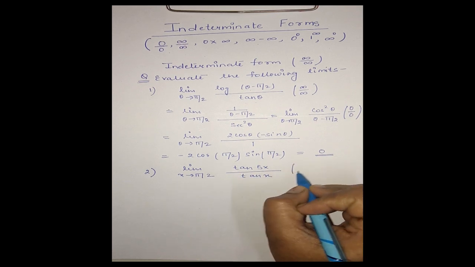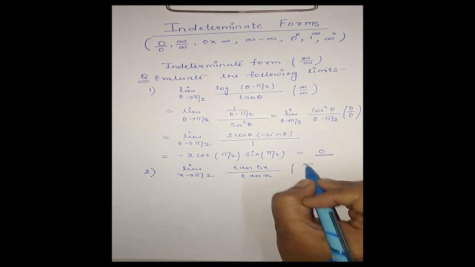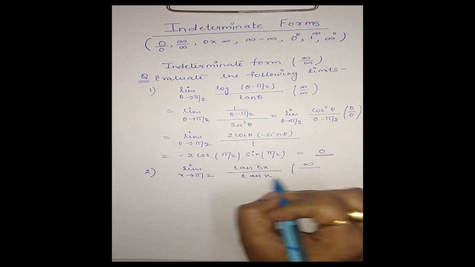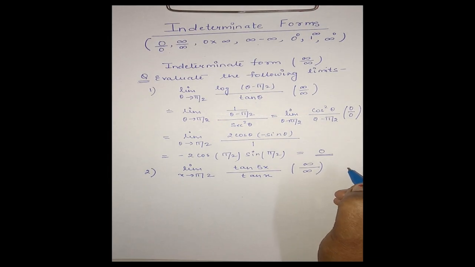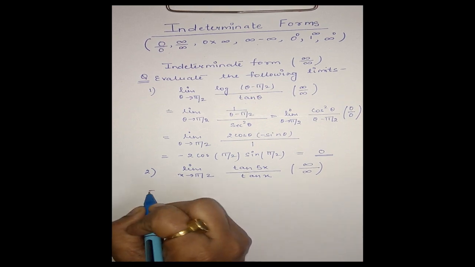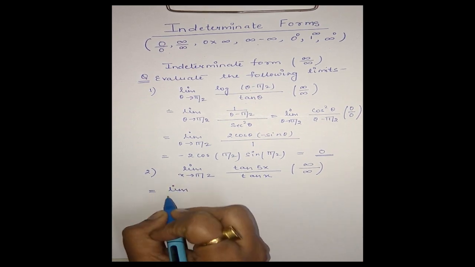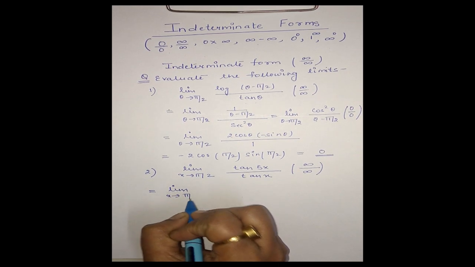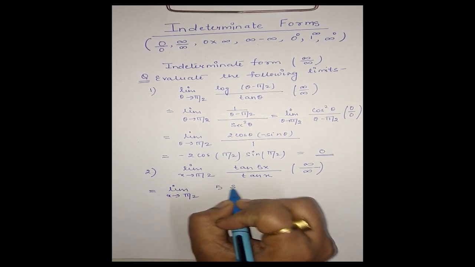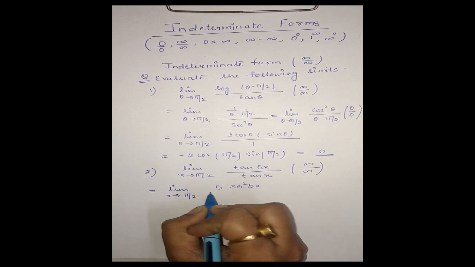And we know tan 5 pi by 2 is infinity, and here also we have tan pi by 2 is infinity. Now differentiating with respect to x, applying L'Hopital rule, we have 5 secant square 5x divided by secant square x.